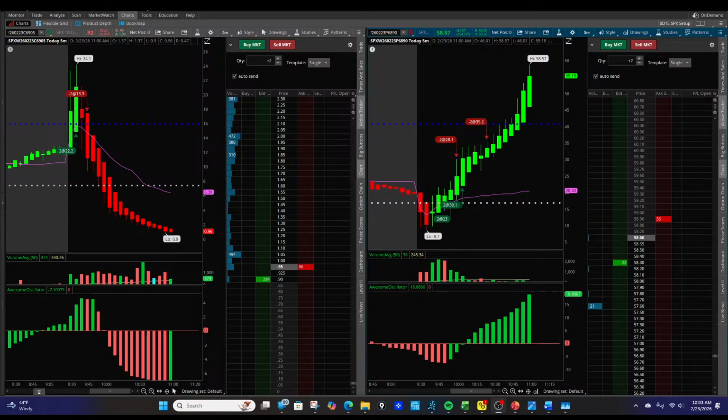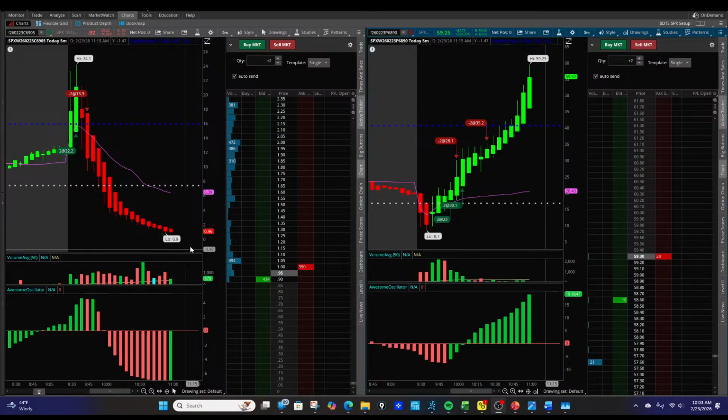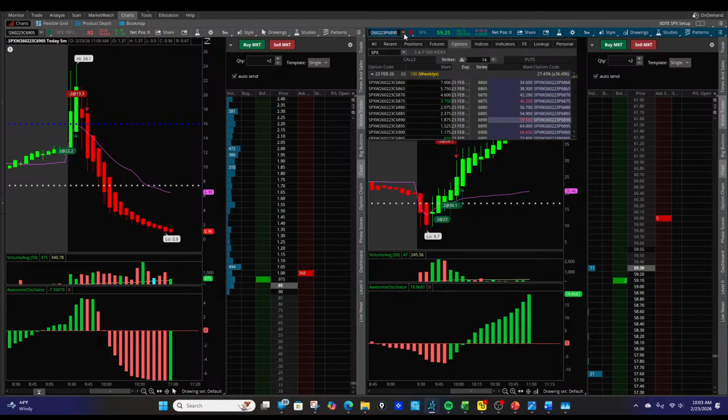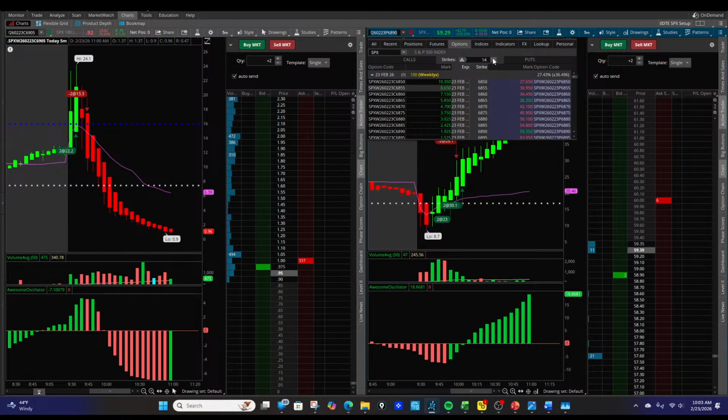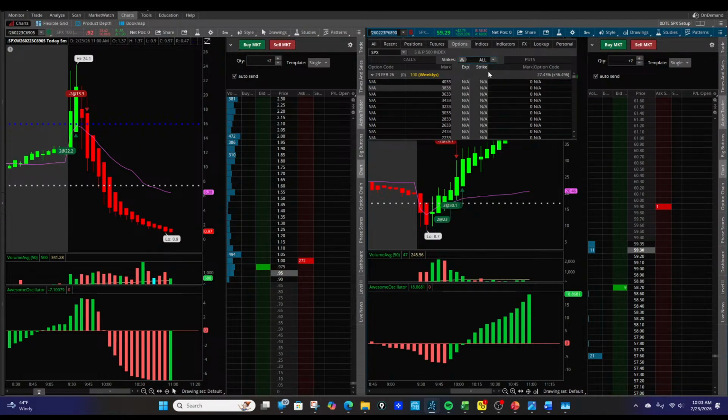Now we're at 58.57. This is one that I think is going to go very, very high. 59.25. I'm going to go down into something that I can afford just to kind of see. We do all.